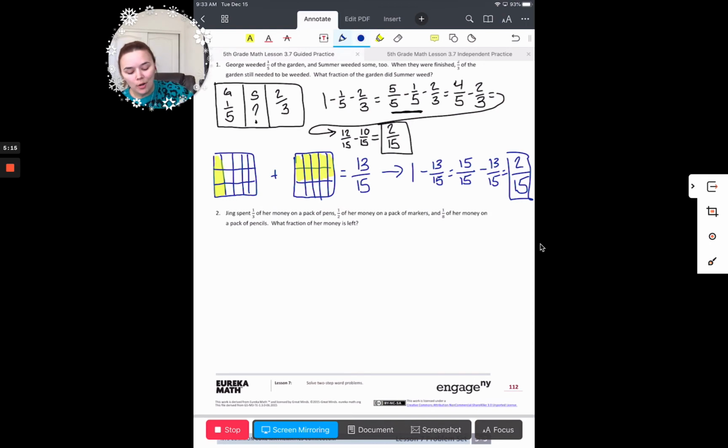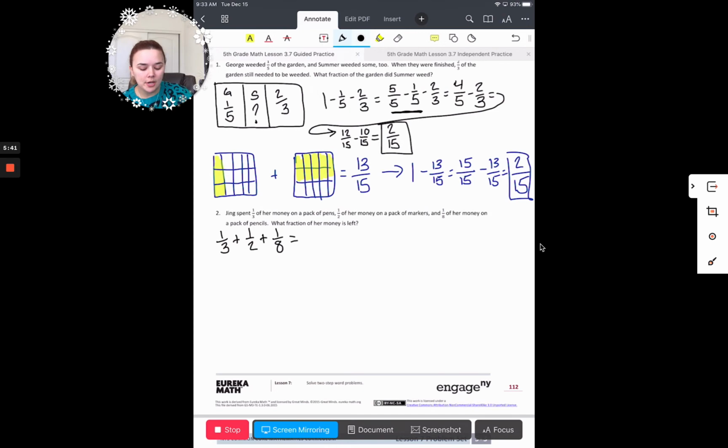So we have our 1/3. Let me switch my colors back, sorry. We have our 1/3, we have 1/2, and we have 1/8. So we're going to add all of these together to figure out how much she has left. So I'll do it with numbers first, and then we'll break it down and do it with the boxes.